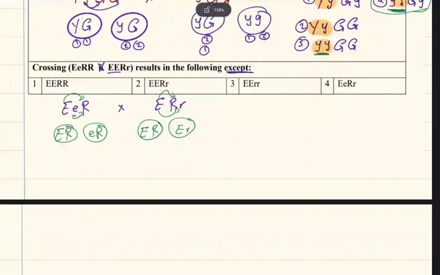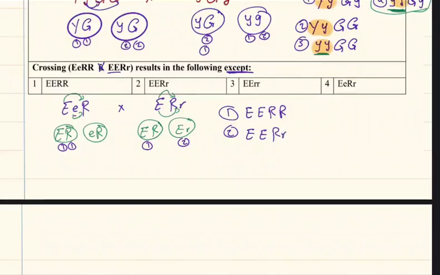The first with the first is going to be number 1: A capital, A capital, R capital, R capital. Now the first with the second is going to be A capital, A capital, R capital, R small.